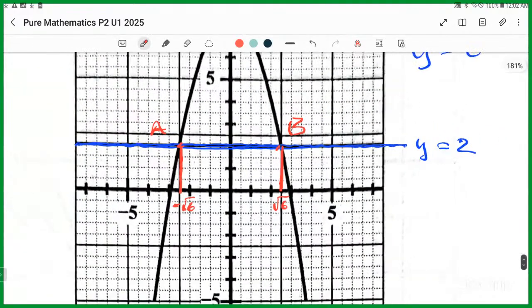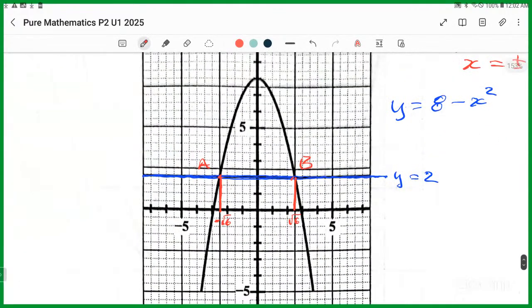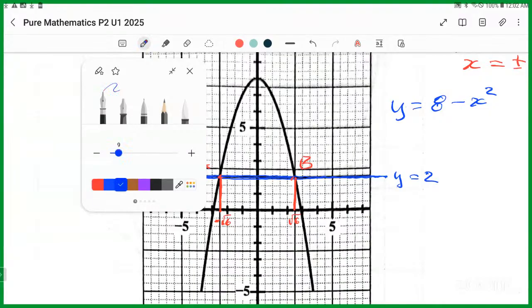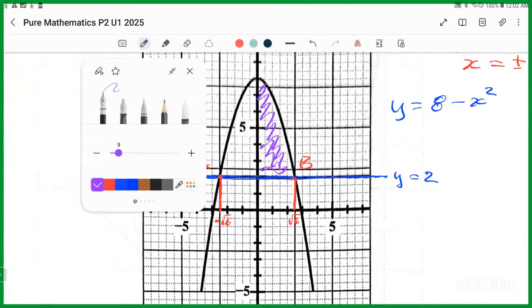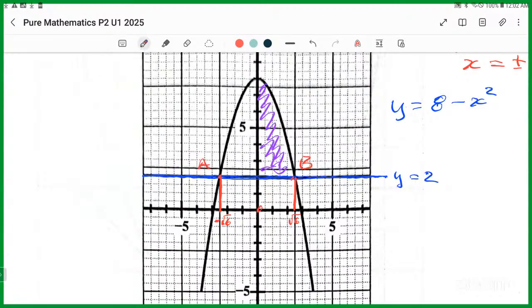All right, so I'm going to keep it simple. We're going to find the volume generated by this section and half of it, so we're going to work between 0 and root 6.